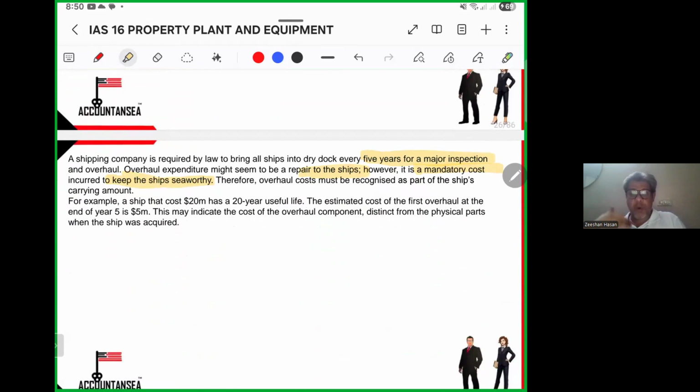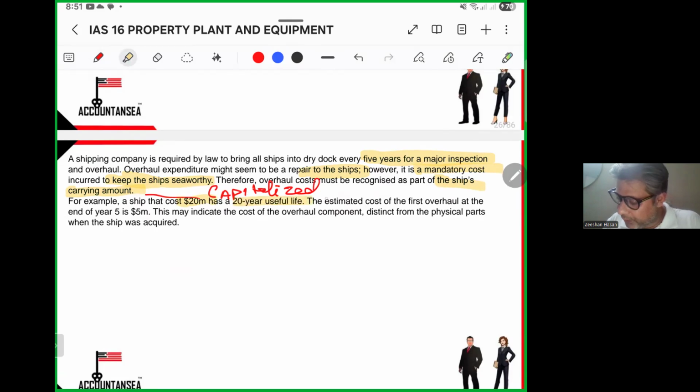So therefore, the overhaul cost must be recognized as part of the ship's carrying amount. That means it will be capitalized.